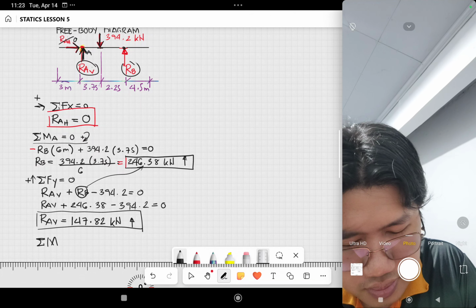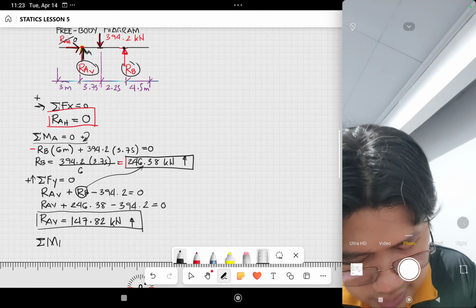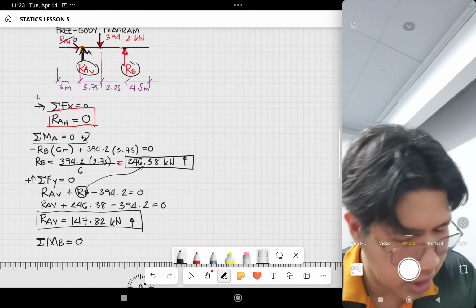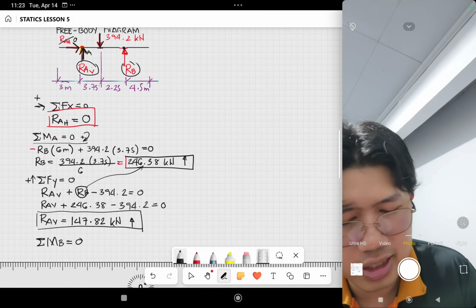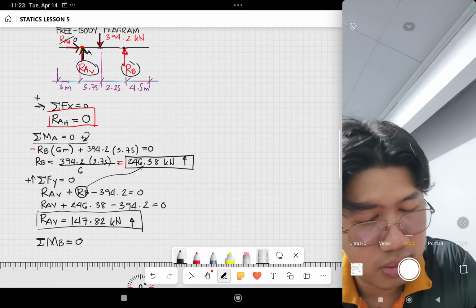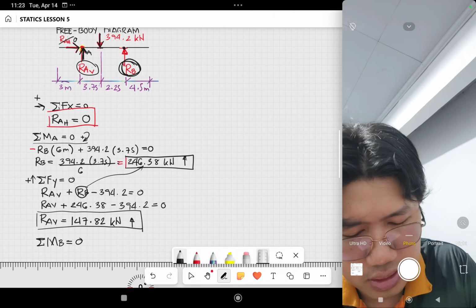Pero yun yung general way. So mag-moment ka sa B. Kapag nag-moment ka sa B, there is a reaction force that passes directly at point B. So that reaction force will produce 0 moment at that point, which is yun si RB.